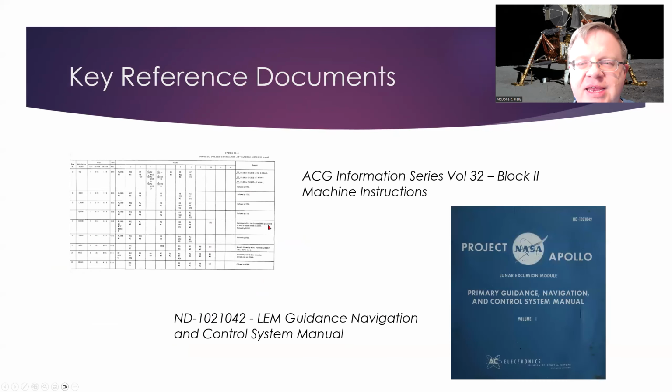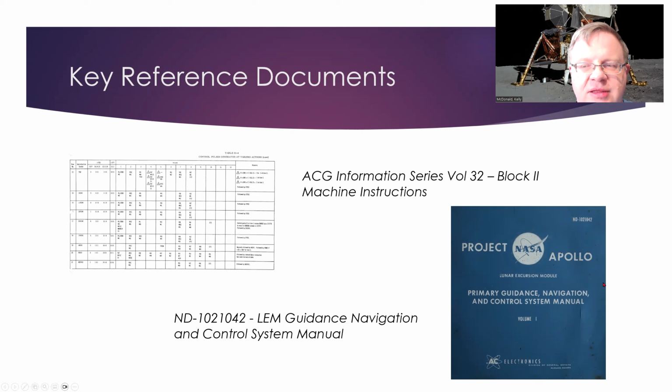So there's a couple of key documents that we're going to be using for part of this. The first one is the AGC Information Series, Volume 32, Block 2 Machine Instructions. This is a very invaluable document that we'll probably use more as we get into the control pulse generation and instruction logic, because this tells how each instruction is implemented in a whole bunch of different control pulses, and when we load registers and when we write to registers.